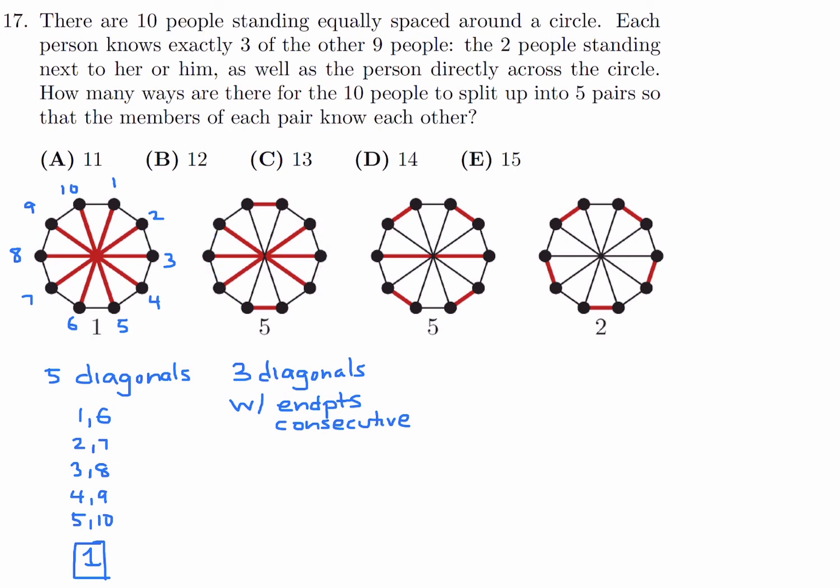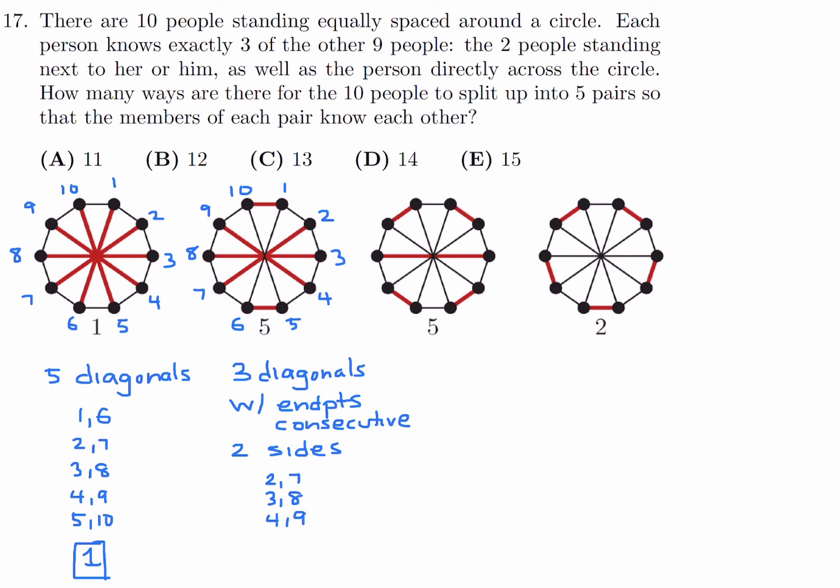Okay, that takes care of 6 people. But what about the other 4? Well, then you have to use those 2, and we call those sides, I guess, whatever you want to call them. So 3 diagonals and 2 sides. If I were to label this, one such example would be the 2 and the 7, the 3 and the 8, the 4 and the 9.